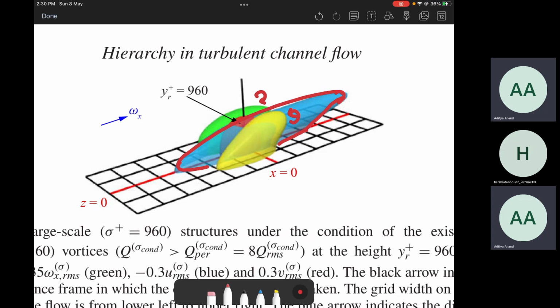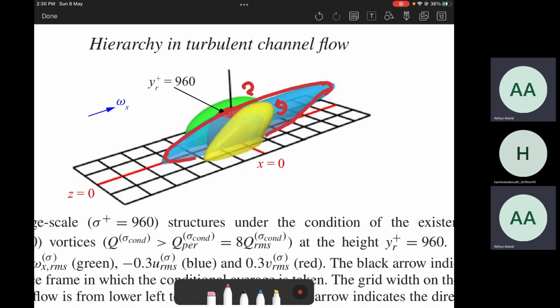If your vertical motions are like this, it might be a high speed streak, and if the vertical motions are like this, then this would be a low speed streak.